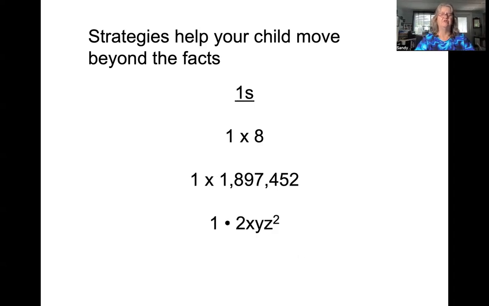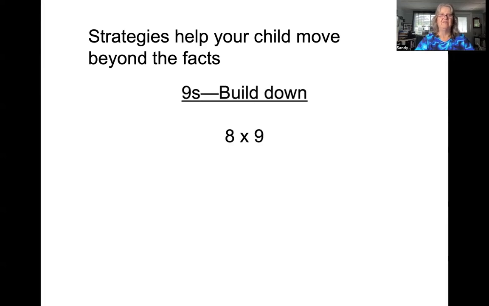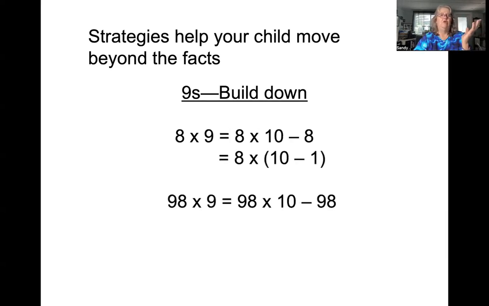And that's the understanding we want your child to have. They can go far beyond because they know what happens when you multiply by 0. And the same is true when you multiply by 1, right? 1 times anything, it's the multiplicative identity. It just leaves that identity there. The 9s we build down, right? I can do things more mentally because if I know 8 times 9 is 8 times 10, remove 8, well, that's great. What would 98 times 9 be? Well, I'm going to do 98 times 10, remove 98.